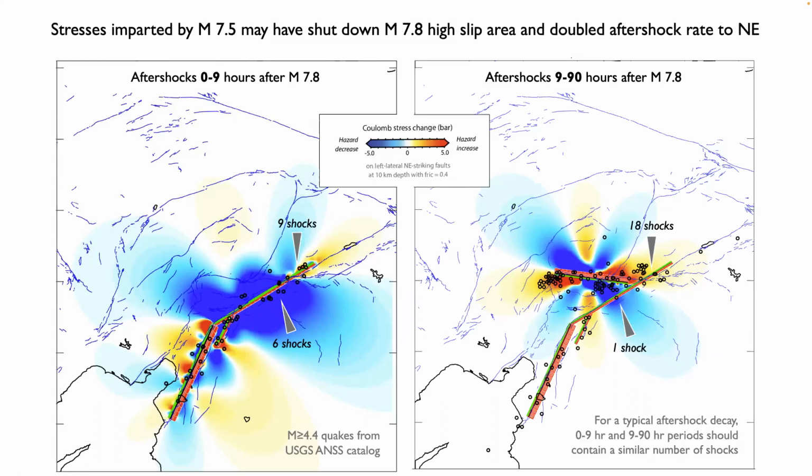But what's peculiar about this picture is I promised you that you get the same number of aftershocks in both panels, but I'm lying. There's many more aftershocks in the second panel. So something happens here that increases the aftershock activity. So let's look at the cumulative aftershocks with time.